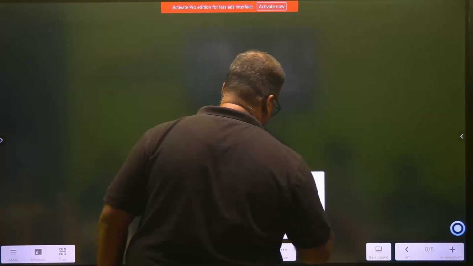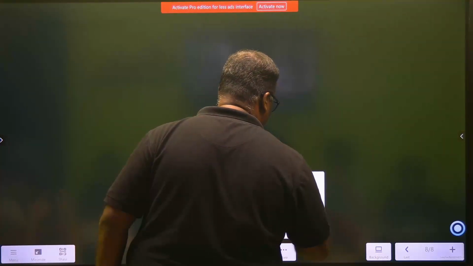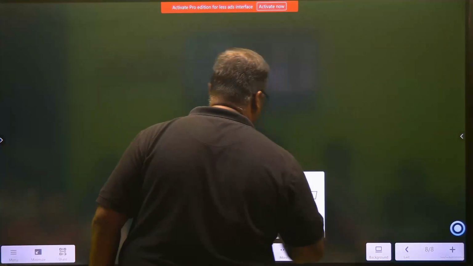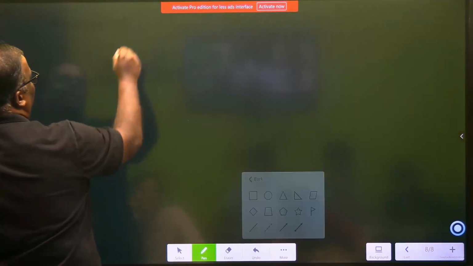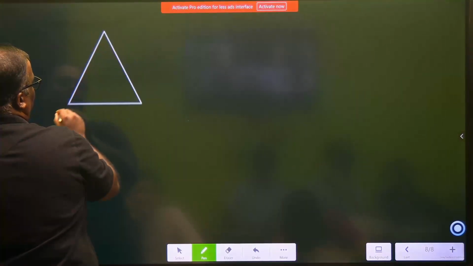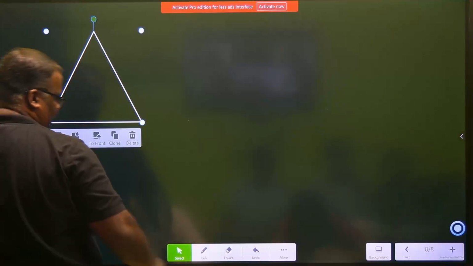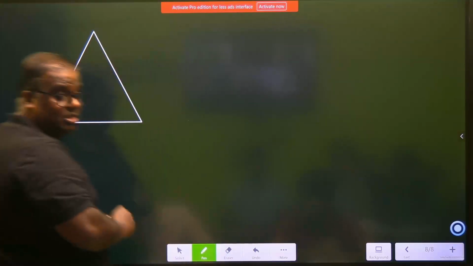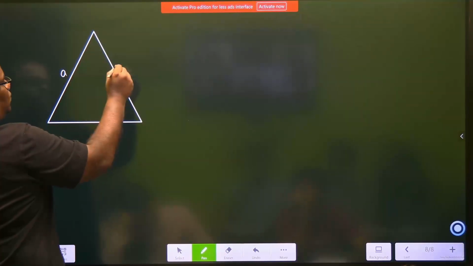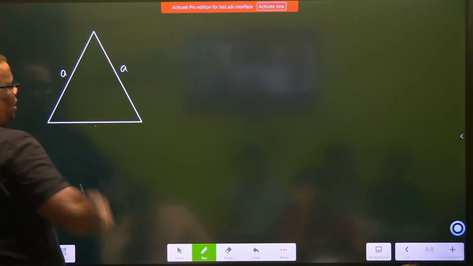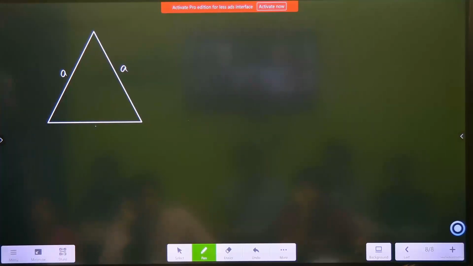Some basics more. Although in Heron's formula chapter I have explained many number of times. Children, let's take an equilateral triangle. Okay, this is an equilateral triangle. Now this is offset from trigonometry. An equilateral triangle has got three sides which are equal.